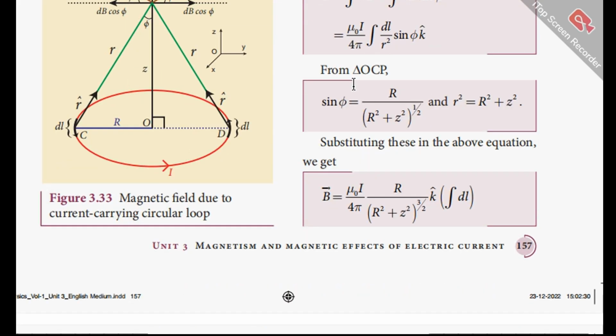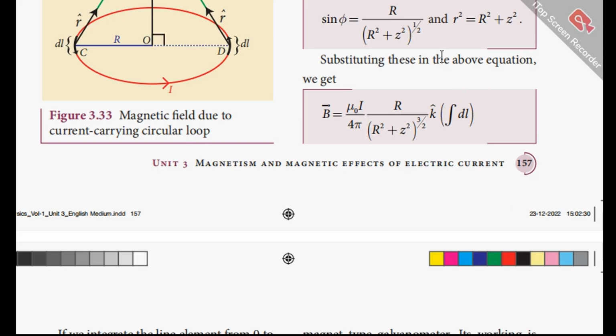So from the triangle OCP here, sin phi can be written as r by r square plus z square power half, and R square equal to r square plus z square. Substituting this in the equation, we get B equal to mu naught I by 4 pi into r by r square plus z square power 3 by 2 k unit vector integral dl.